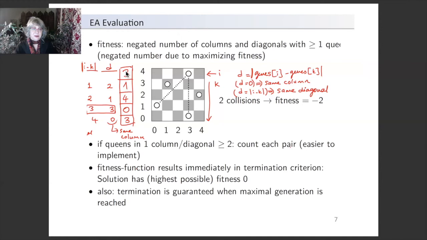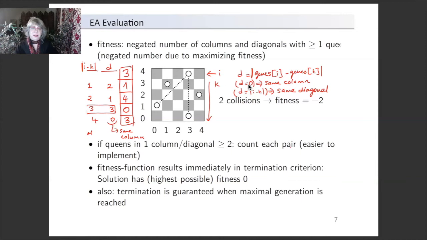Take the difference, 3 minus 1, it is 2. So gene I minus gene K is 2. Consider this row, the value is 4. Take the difference and absolute value, it is 1. Consider the next one, 3 minus 3, the difference is 0 here.